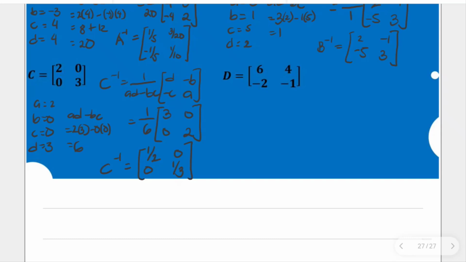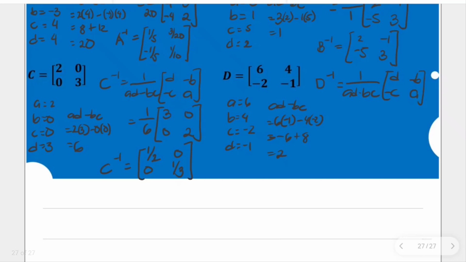And finally, for here, same formula. 1 over AD minus BC. Interchange D and A. Negative B, negative C. So A is 6, B is 4, C is negative 2, D is negative 1. So AD minus BC. 6 times negative 1 minus 4 times negative 2. Negative 6 plus 8.